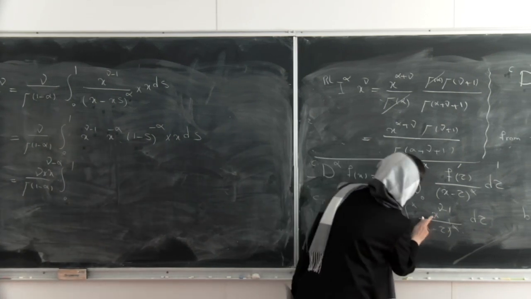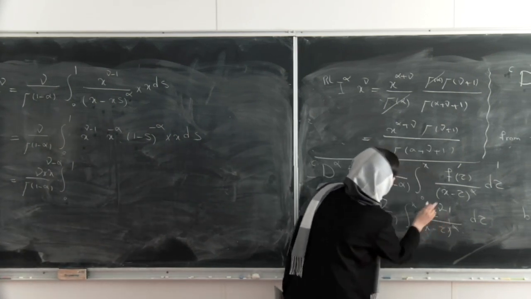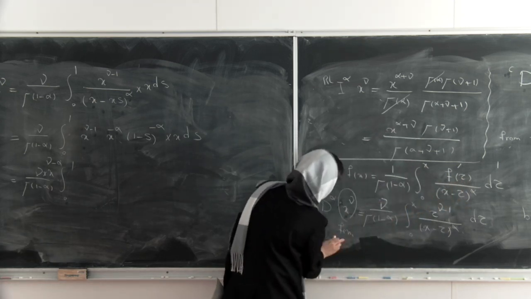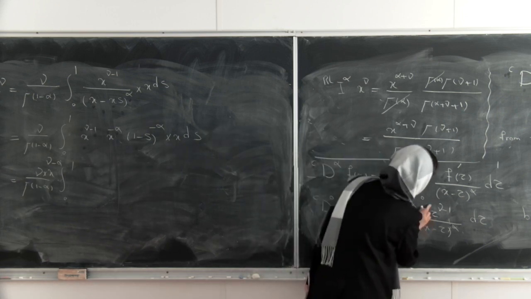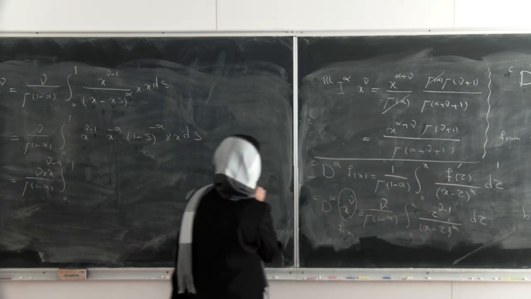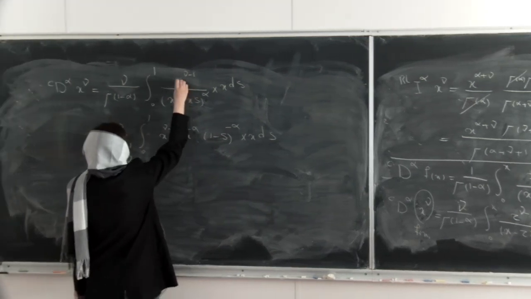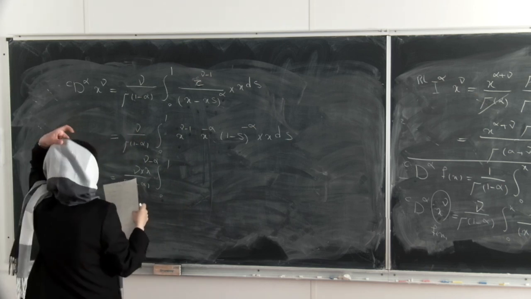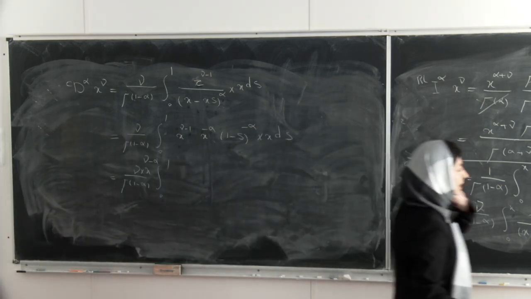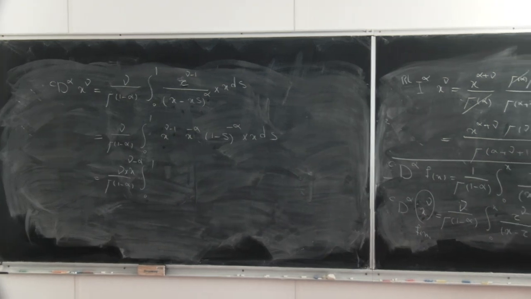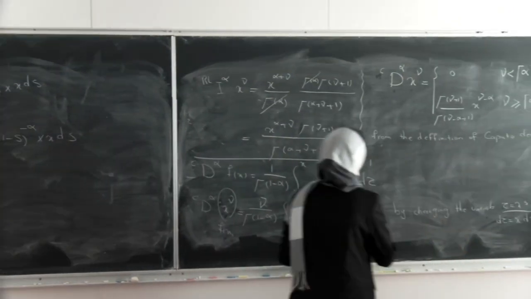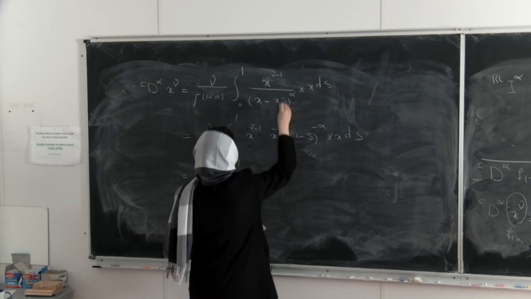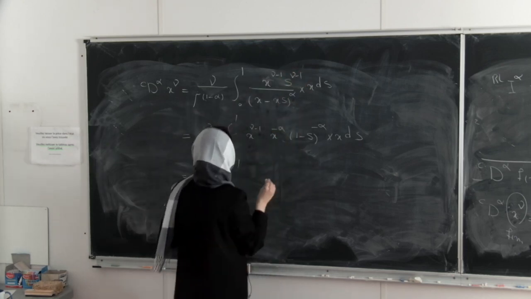Here, we have tau, because we have f prime of tau, and f of x is x to the nu. So here we have tau to the nu minus 1. And suppose that by changing variable of tau equals xs, we have here x to the nu minus 1, s to the nu minus 1.